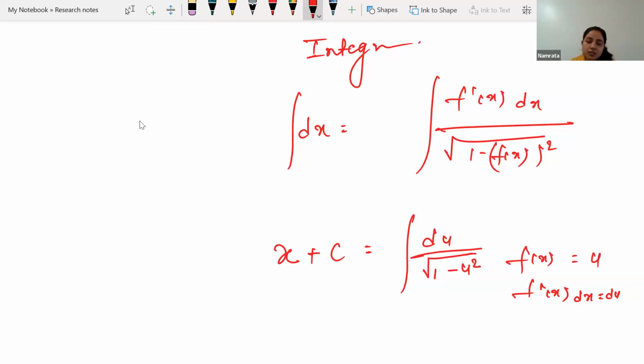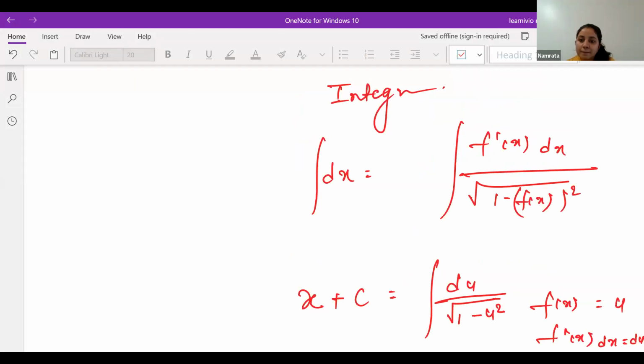This is the formula. Can you see, what will this integration give? Who will tell? Anyone?